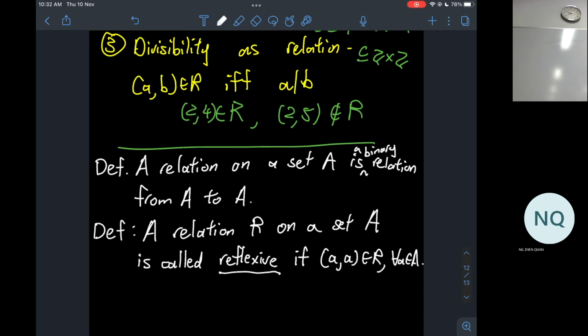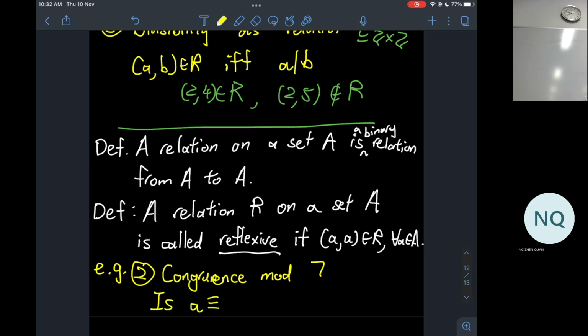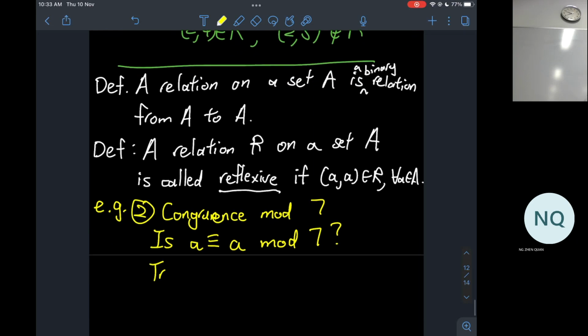So you want to ask if A is in your relation for A. For example, we take congruence mod 7. Is A congruent to A mod 7? Yes or no? Yes, true. So A, A is in the relation.